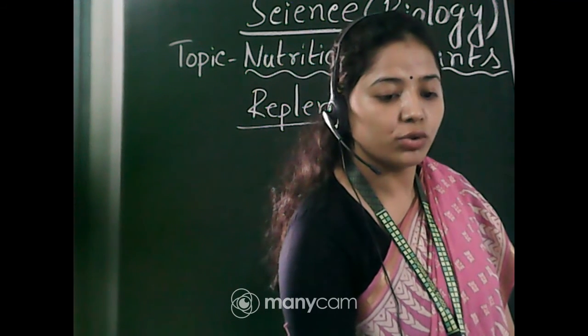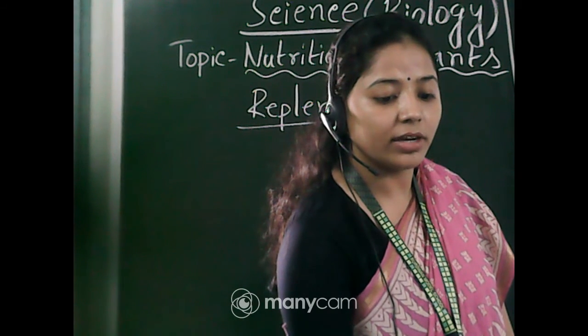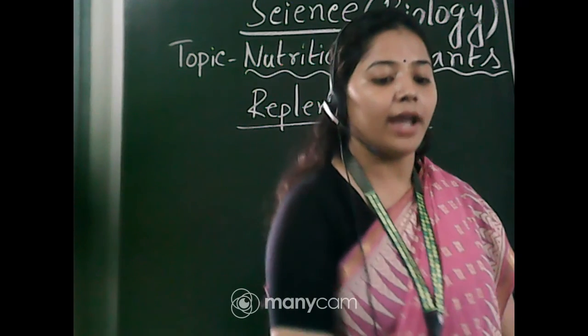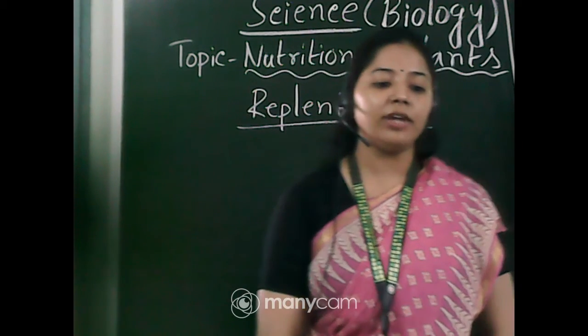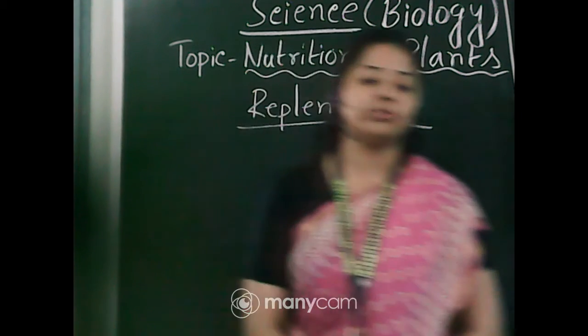Now, how the nutrients are replenished in the soil, that I have asked you, no? So I have told you, by adding fertilizer and manure, which contain plant nutrients and minerals like nitrogen, phosphorus, potassium.